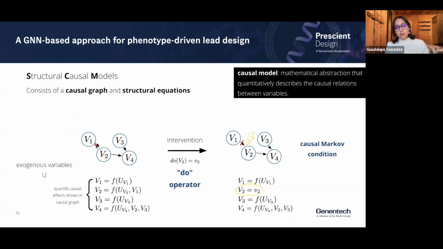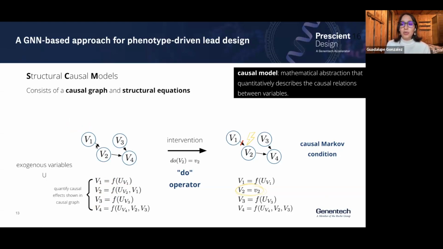SCMs are really useful because they allow us to represent interventions explicitly. And by interventions, I mean any kind of perturbation in the system that sets the value of these variables.